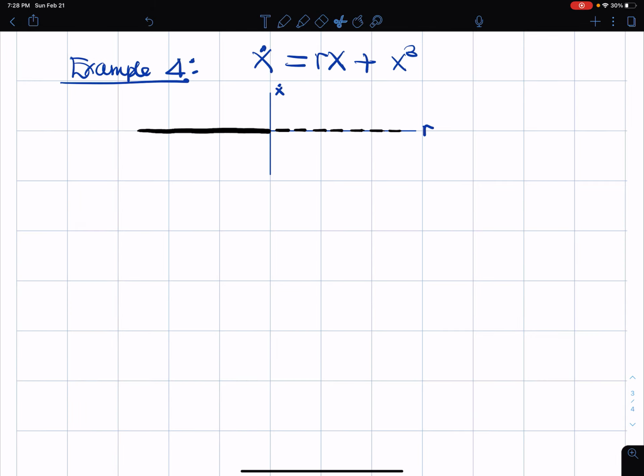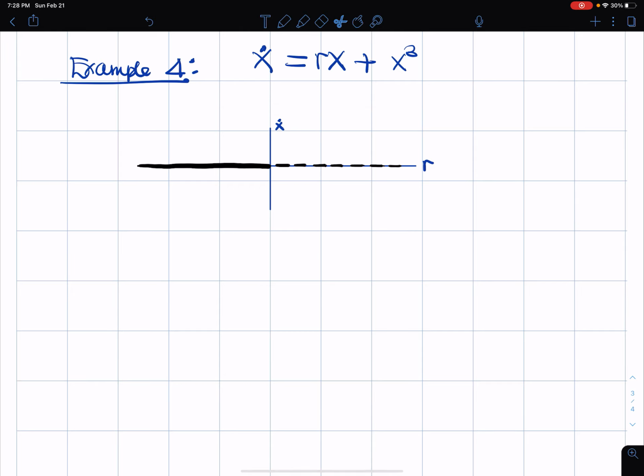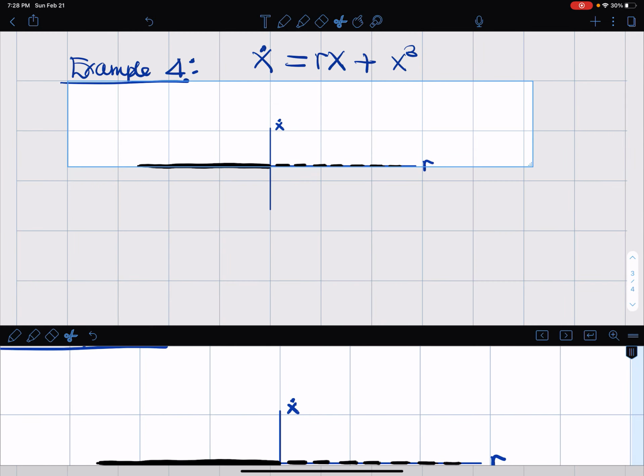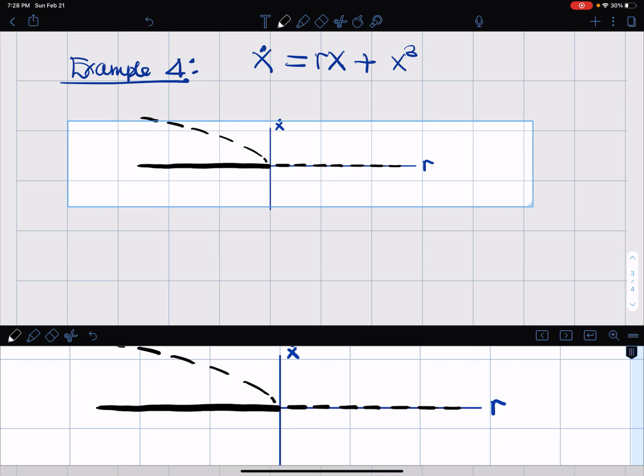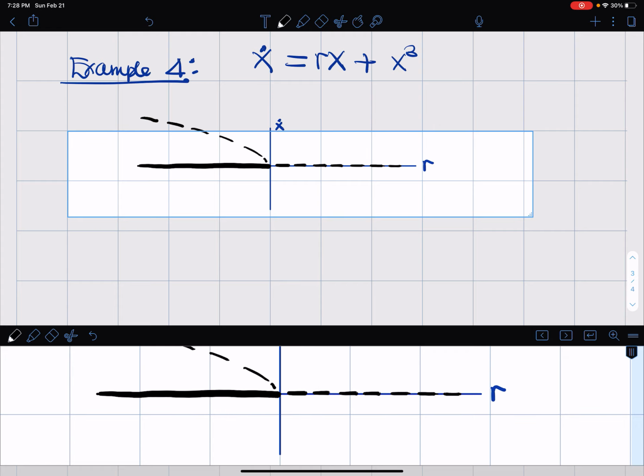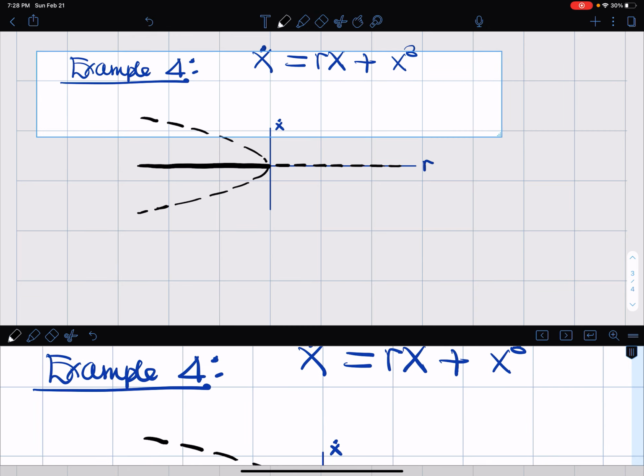I'm going to copy, bring it down a little bit, and then demand symmetry again. Well, better than before, but still not too good, but it's okay.